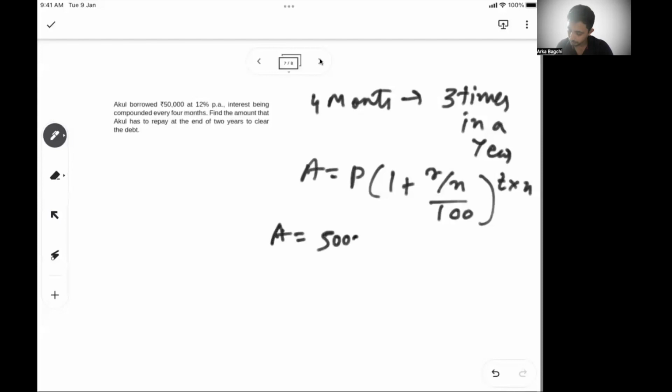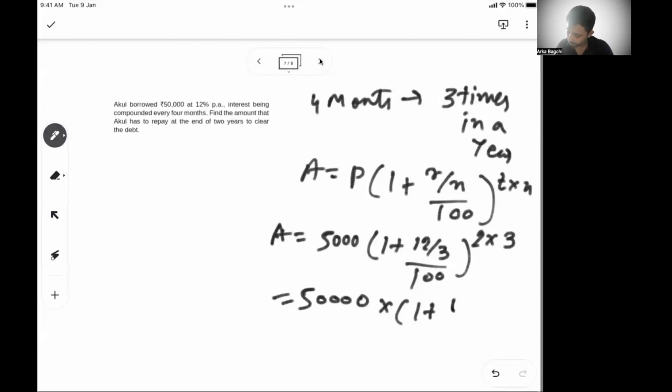So this is 50,000, and then you have to do 1 plus 12 by 3, divided by 100, to the power 2 years into 3 times each year, so 6 times. So 50,000 into (1 + 4/100) whole to the power 6.